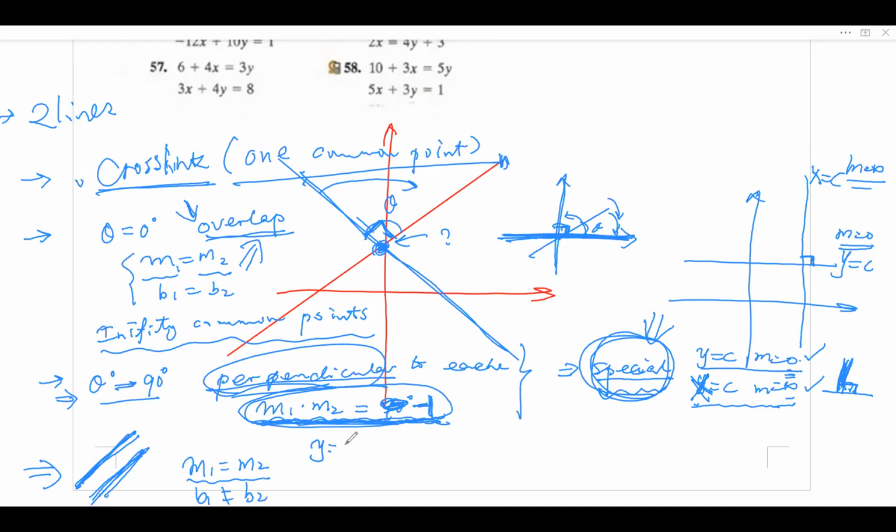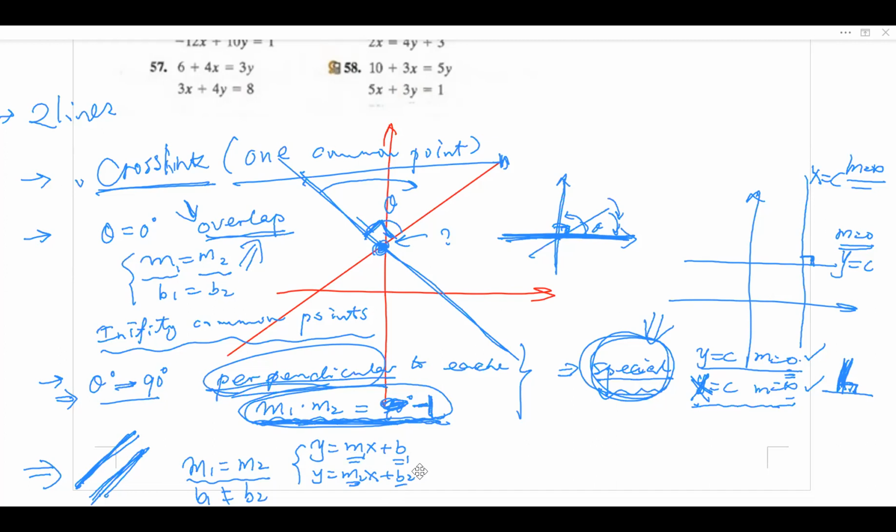So if you are given two lines whose slopes are exactly the same and whose y-intercepts are different, they are parallel to each other.